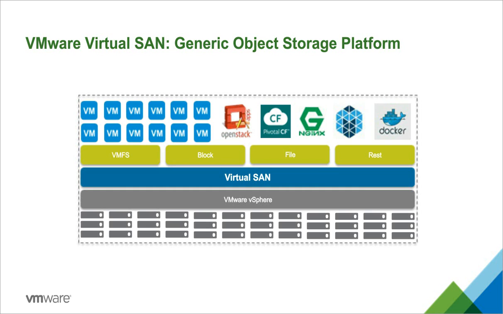So while today virtual SAN is only exposed as a block VMFS, VMDK-like shim layer, we definitely designed it to do a lot more. These systems scale cleanly into the petabytes, and there's really some exciting things we can do down the road in terms of extending data management beyond just enhancing virtual machines.